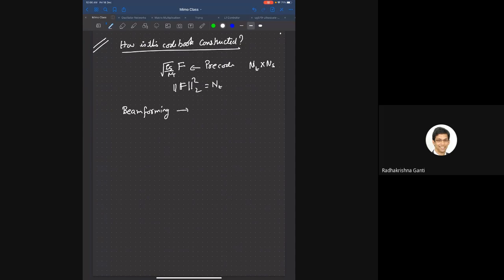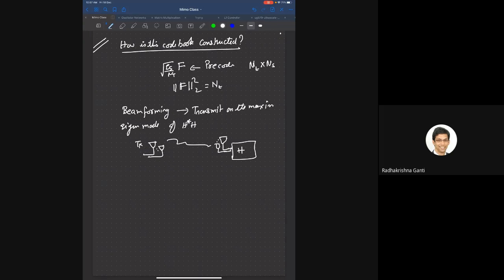We transmit on the maximum eigenmode of H Hermitian H. So beamforming is nothing but the eigenvector corresponding to the maximum eigenvalue of H Hermitian H. Now you have the transmitter, and similarly you have the receiver. There are multiple antennas, of course, everything is multiple. And the receiver estimates the channel H.